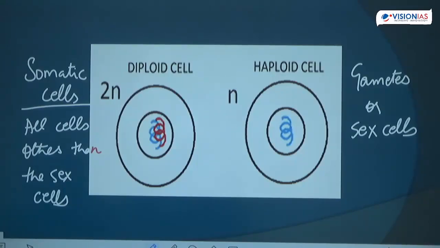Two sets of chromosomes, one coming from each parent.